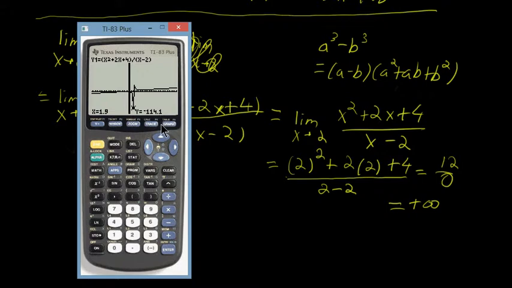So if we wanted x equals 1.99999, we'd get an even more negative number.